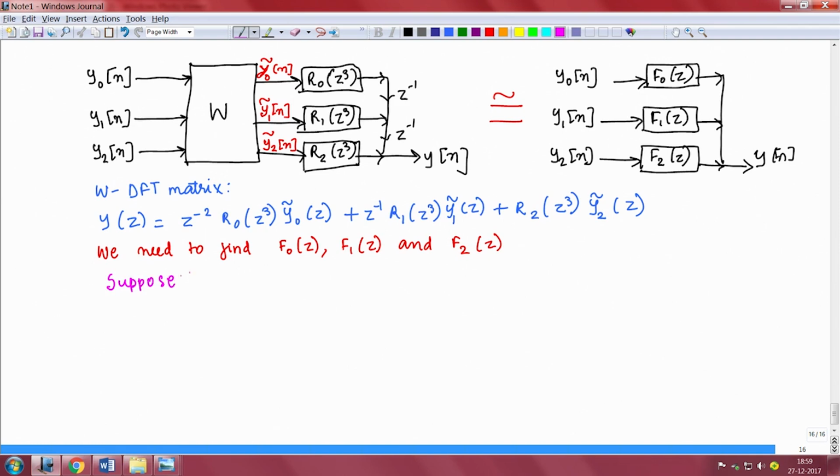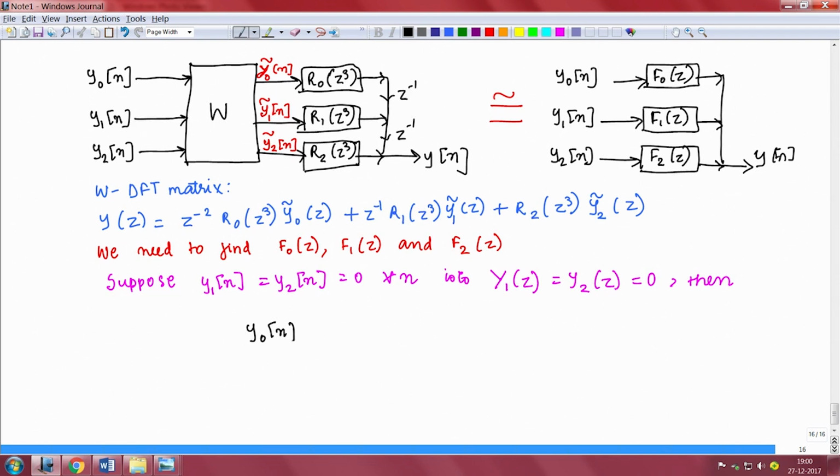Now suppose y1 of n equals y2 of n equals 0 for all n, that is y1 of z equals y2 of z is equal to 0. Then the system reduces to just y0 of n, F0 of z and y of n.